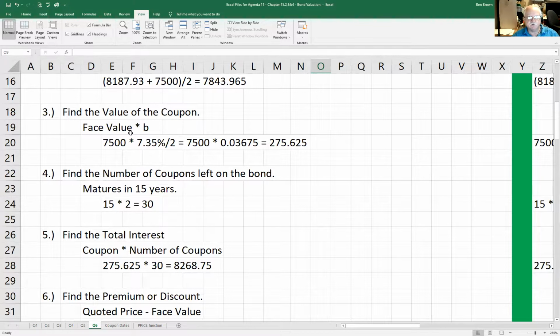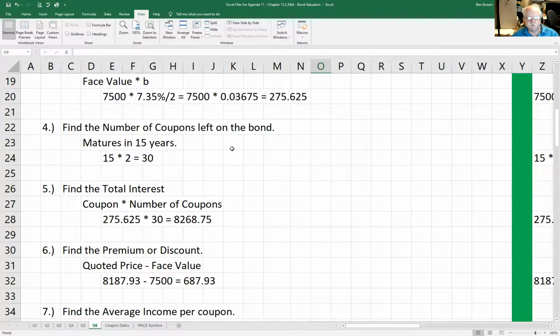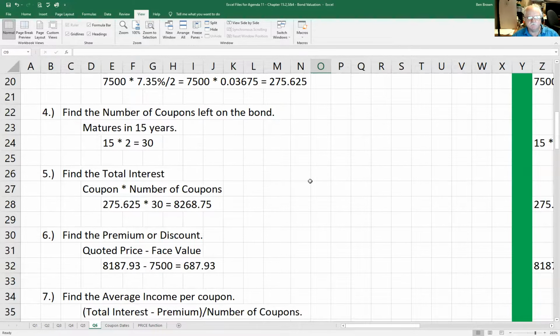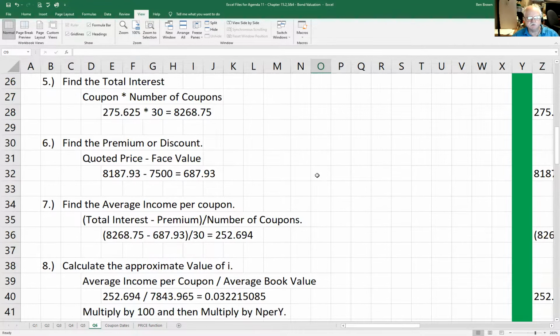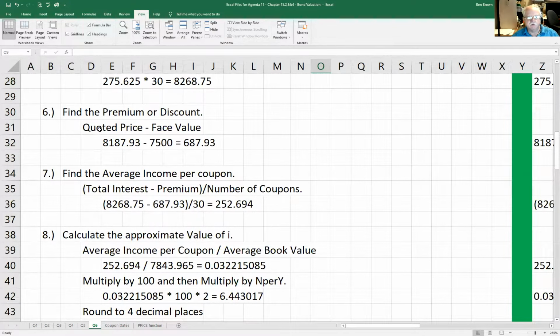The face value of the coupon we can get, the number of coupons left on the bond, the total interest is the coupons times the number of coupons. And then, like we did on the previous question, the quoted price minus the face value gives us whether this thing is at a premium or a discount.